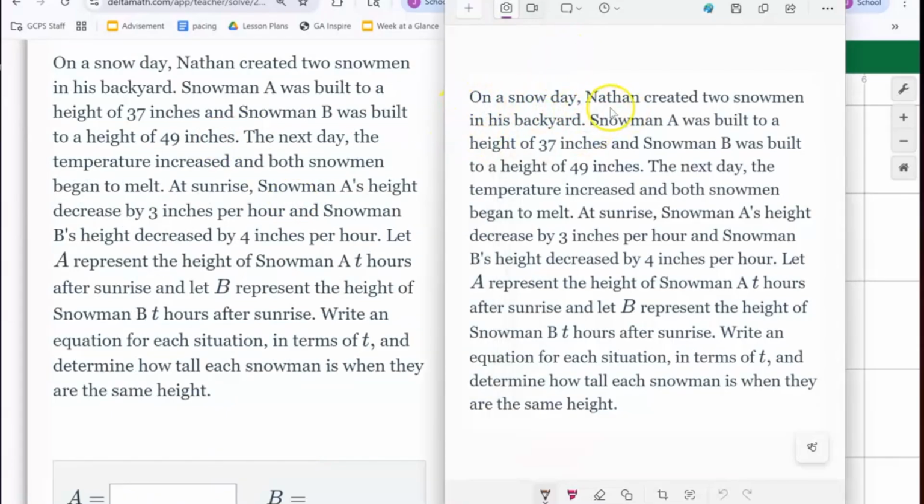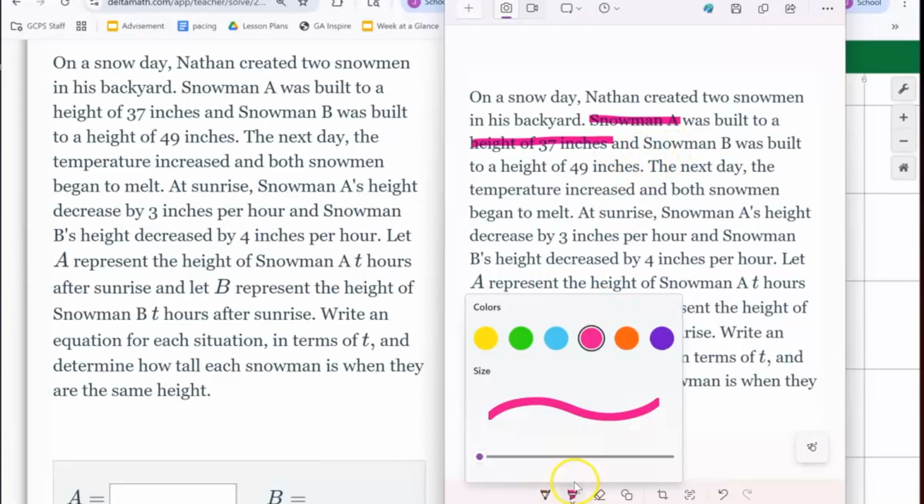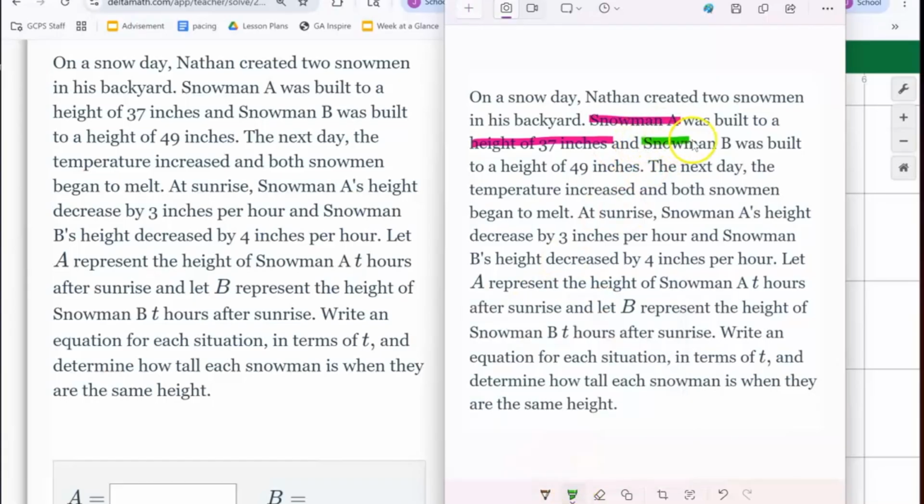But on a snow day, Nathan created 2 snowmen in his backyard. So snowman A. So there are 2 of them, and this is the first one. It was built to a height of 37 inches. And snowman B, and I'll just change the highlighter color, was built to a height of 49 inches. Okay, so they both start with 37 and 49 respectively.